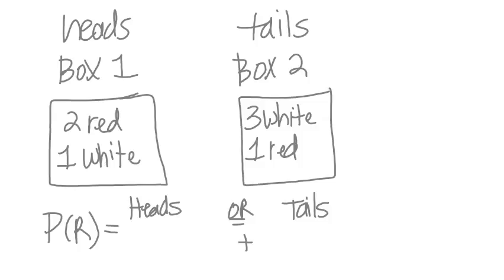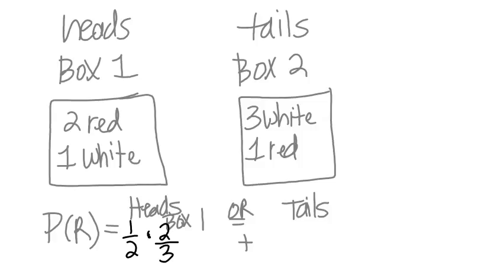So the probability that we land on heads is what? 1/2, right? 50% chance. Times, so if we're on heads, that means we're in box number 1. Well, how many red marbles are in box number 1? 2 out of 3 total, right? So that's the 1 set.